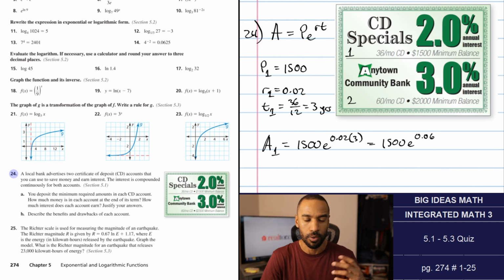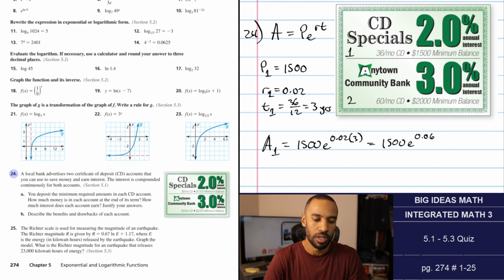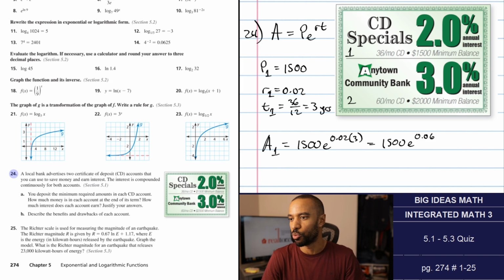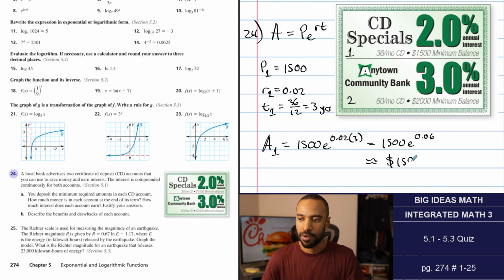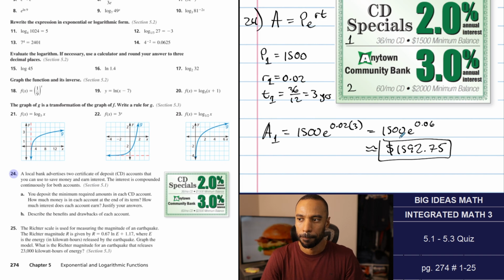We talked about how if that number's positive with E, it will represent growth as long as it's not negative. So 1,500 E to the 0.06 power is $1,592.75. This is rounded.